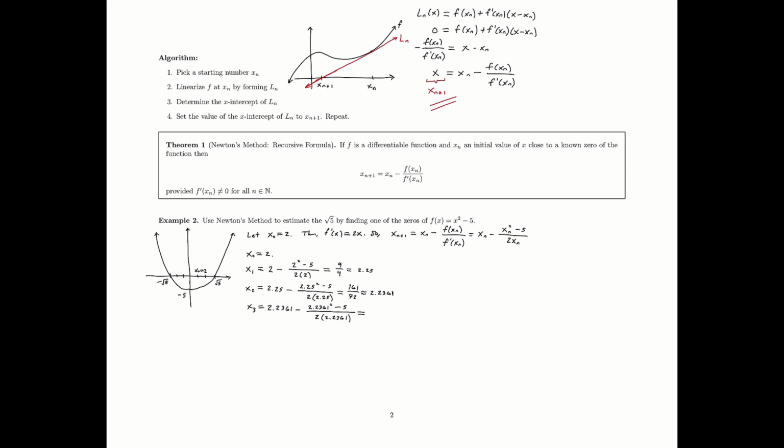This, as a fraction, is 51,841 all over 23,184, which, as a decimal, rounded to, again, 5 decimal places, is 2.23607.